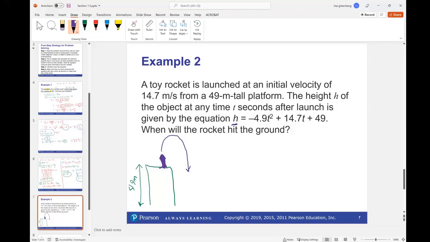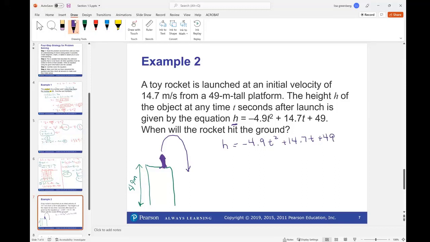And it wants to know, when will the rocket hit the ground? Well, think about that, because that's the question you have to answer. So we start with the height equals negative 4.9 t squared plus 14.7 t plus 49.